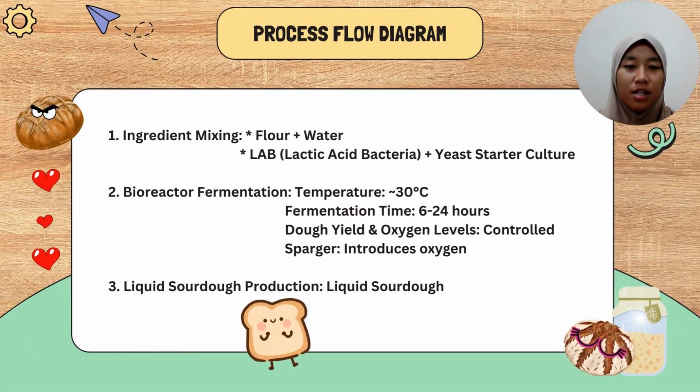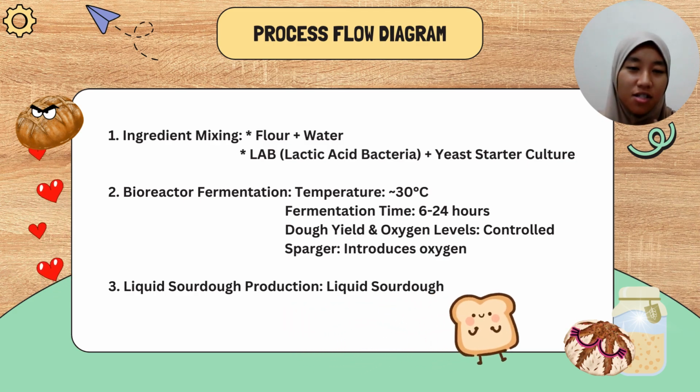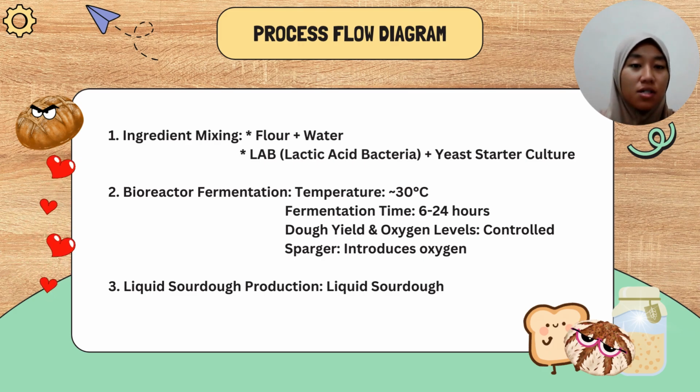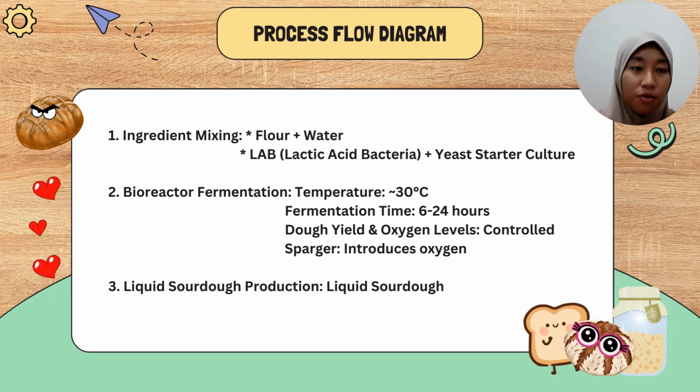So, like I said just now, we have six processes. First is ingredient mixing, where we have four ingredients to be mixed in the bioreactor, which are flour, water, LAB, which is lactic acid bacteria, and yeast starter culture.